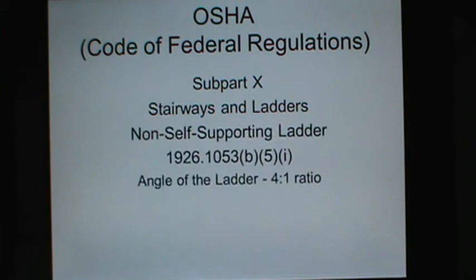I may not have had (b)(1) on the screen. No, I didn't. So make sure that you have (b)(1), 3 feet above the upper landing surface, and (b)(5)(i), that one is on the screen. That's a 4-to-1 ratio for the angle of your ladder.